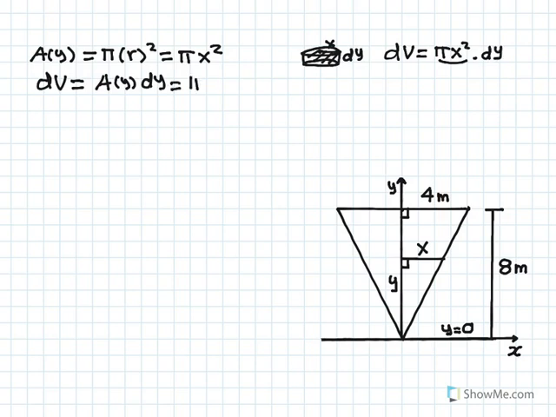So we get pi x squared dy. Now we can't have x and y here because the integration is with respect to y. We're integrating in the y direction because the slices are perpendicular to the y-axis. So we have to get x in terms of y. How can we do that?